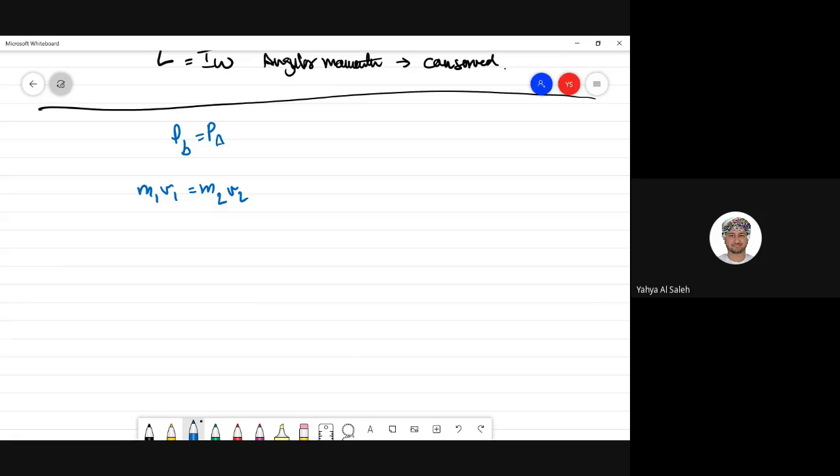Okay. So 11.3 is exactly this, but for rotational items.